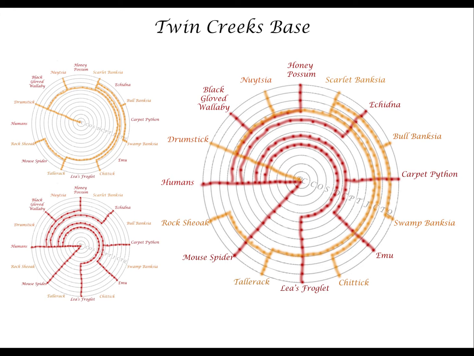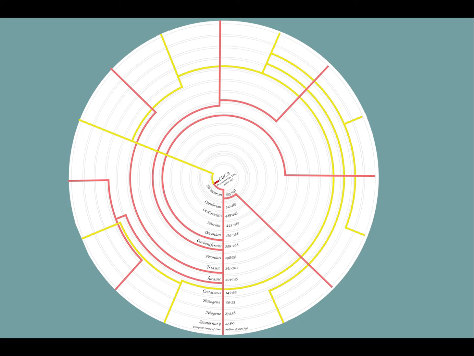We then created a model that clearly outlined the geological timescale. You can see the millions of years that elapsed through each period of geological time, and the phylogenetic tree of both the plants and the animals that was selected for the GeneStream sculpture at Twin Creeks.